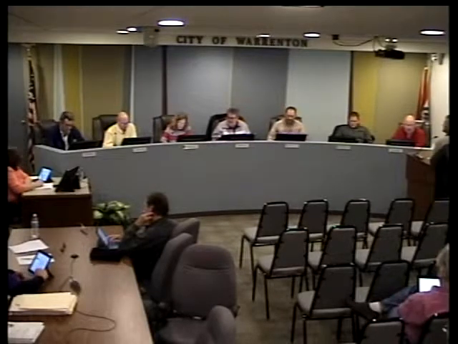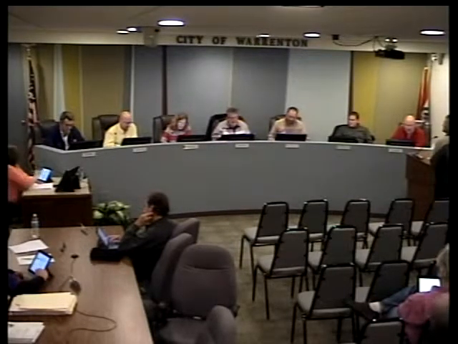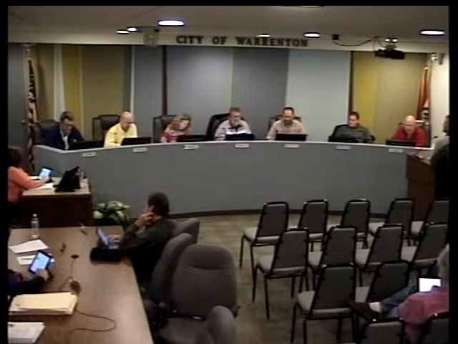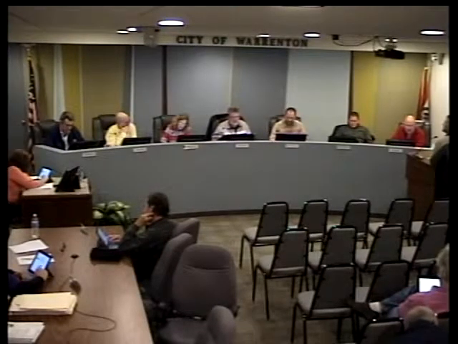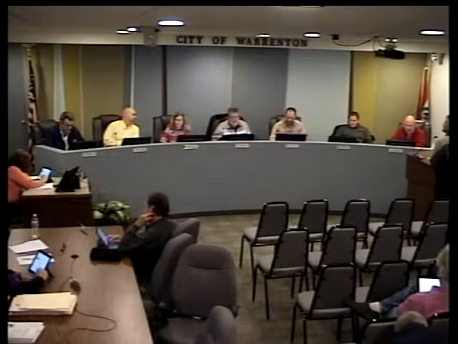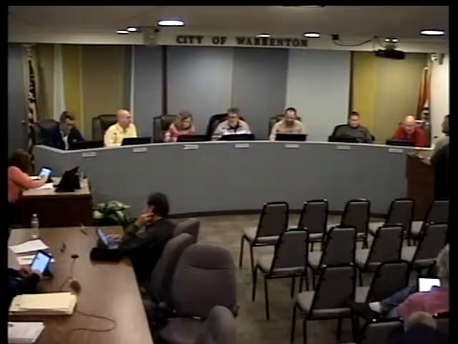All right, so you're still asking for a 10-foot variance off the front and a 16-foot variance off the back. The way the picture I submitted shows it, it was 25 feet back from the street instead of 30.